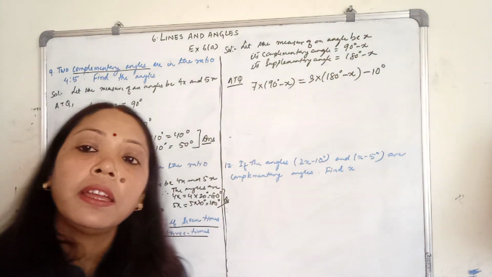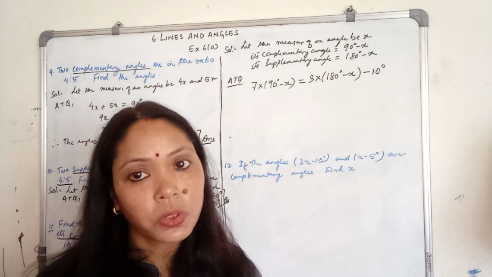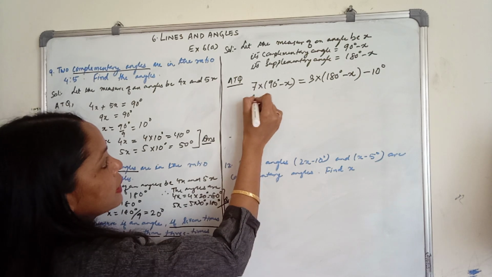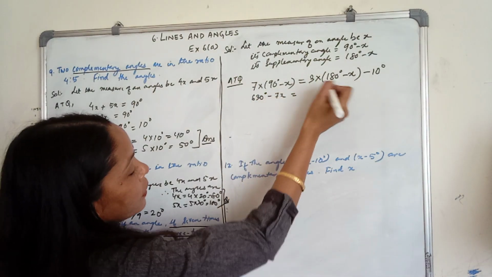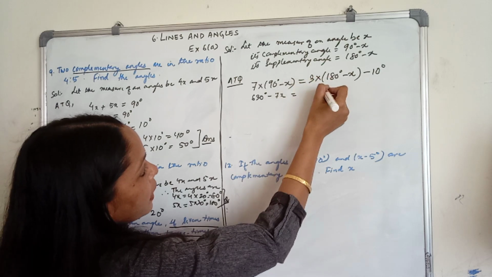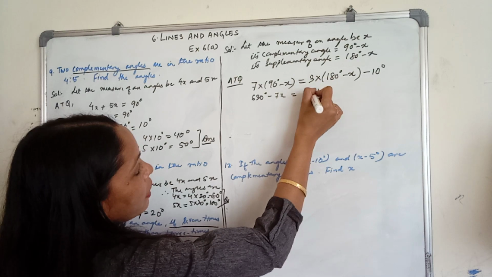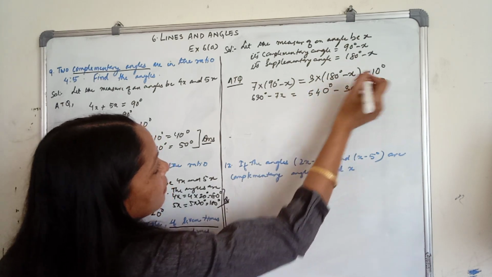So we form the equation. Once we form the equation, then you have to just solve the equation. 7 into 90, 630 minus 7x. 3 into this one, 540 minus 3x minus 10 degree.